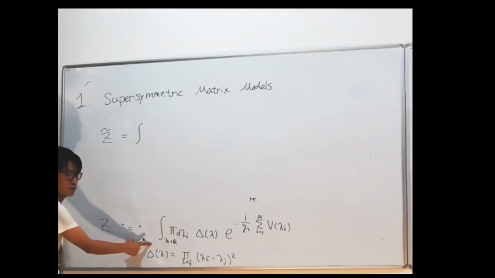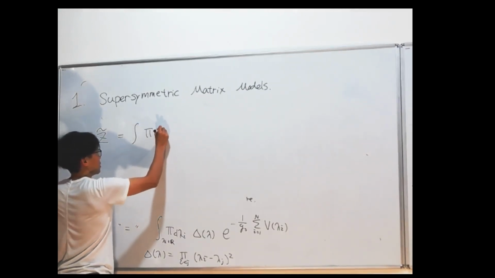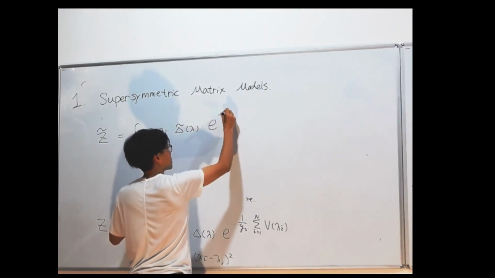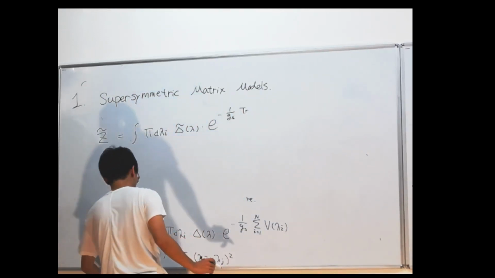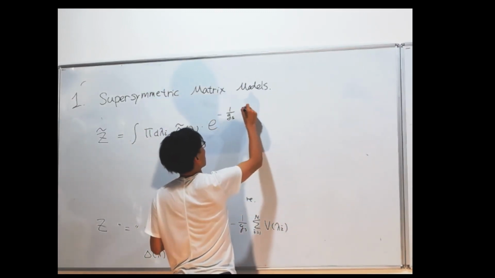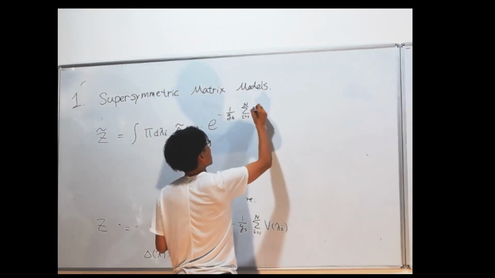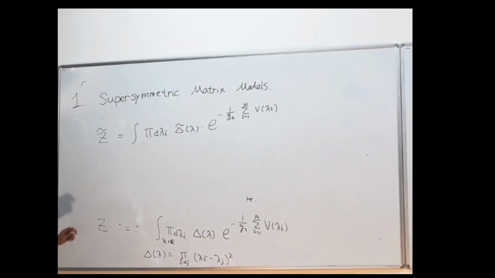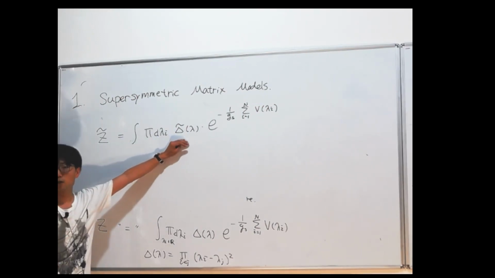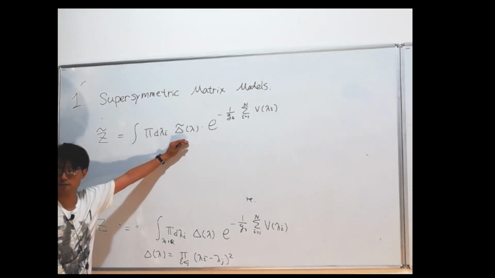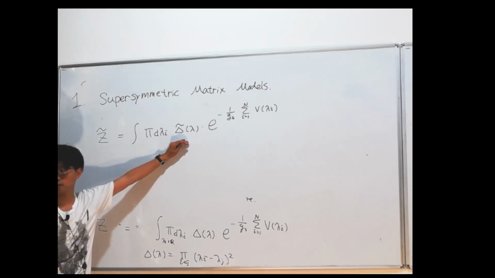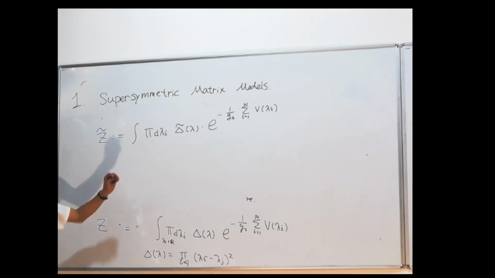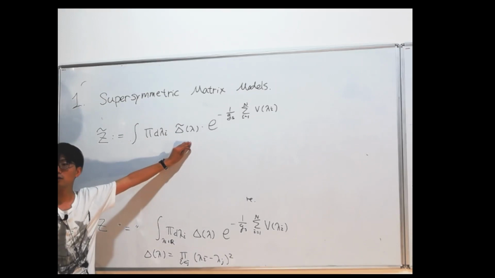I take almost the same form, with delta tilde of lambda and e to the minus gs, not the trace, sum, of V of lambda I. Again, this is just a formal object, where this delta tilde is, at the moment, unfixed. It's an arbitrary object, with some unknown integrand. This is my definition of the tilde.